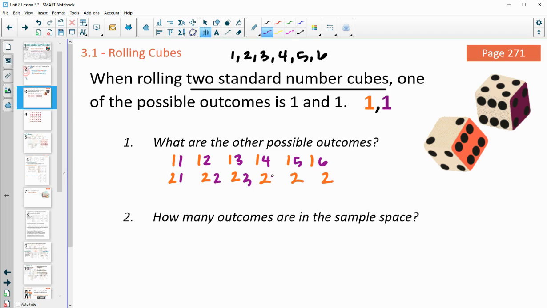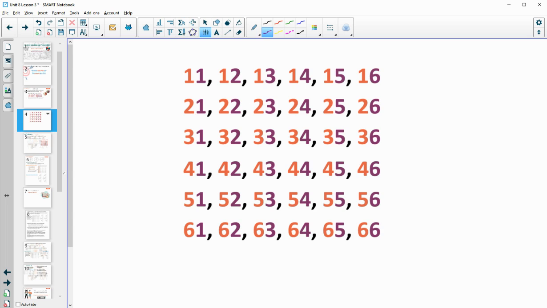And so I just listed all of those possibilities out. And then I kept going and ended up with this as my sample space. And so I ended up with 36 outcomes, which made sense since the first die had 6 options and the second die had 6. And so 6 times 6 gave me 36 possible outcomes.